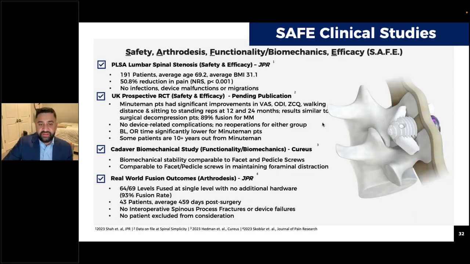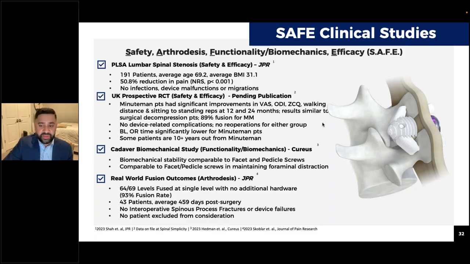Some of the key things that I think are important to highlight about these studies is that the lumbar spinal stenosis PLSA study in the Journal of Pain Research had 191 patients with a mean age of around 69 and an average BMI of 31.